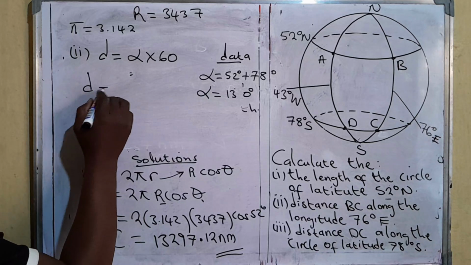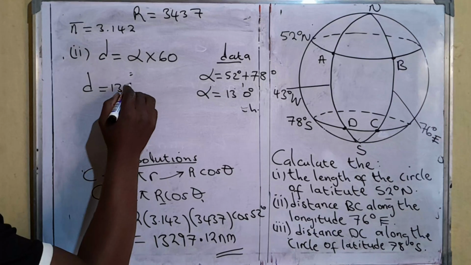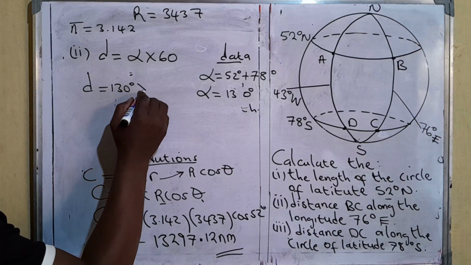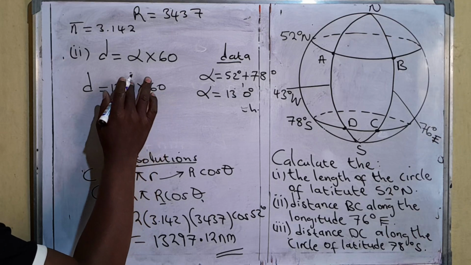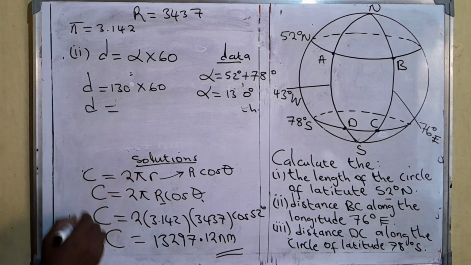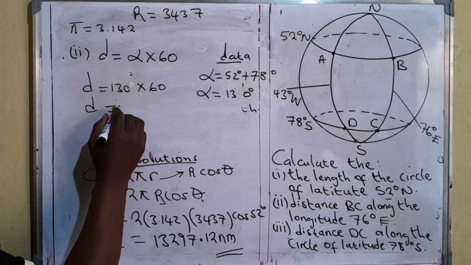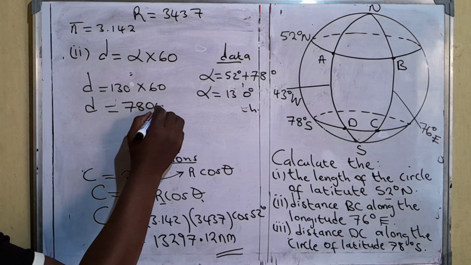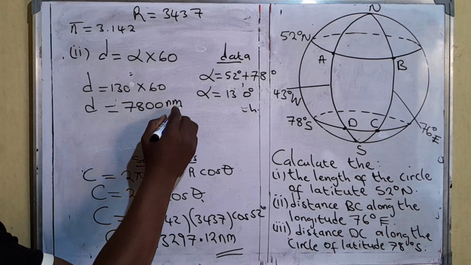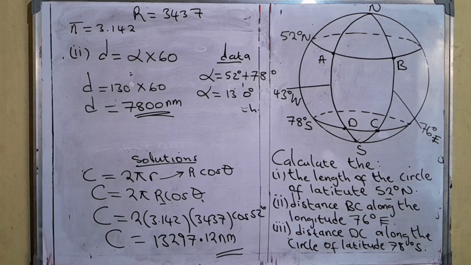So distance is equal to 130 degrees times 60, which gives us 7,800 nautical miles.